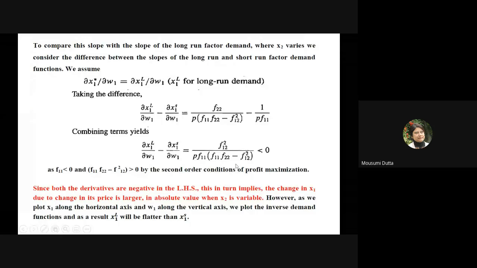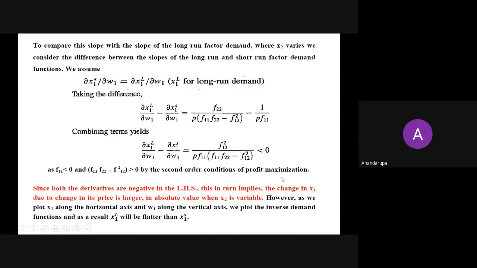In the denominator, from our previous discussion, we got that F11 is less than 0, because it is a maximization problem, and maximum takes place if the principal minors of the Hessian determinant alternate in sign starting with negative.